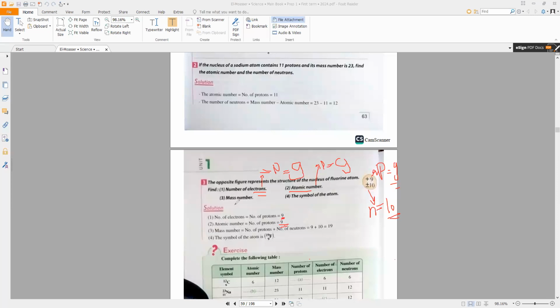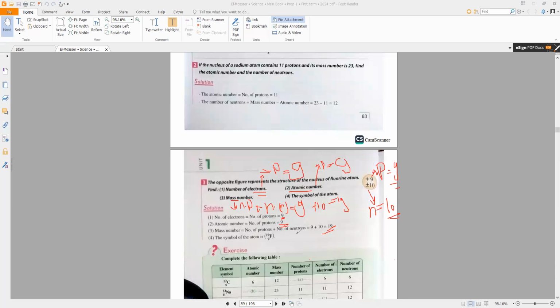The mass number, as we know, is the number of protons plus the number of neutrons. The number of protons is 9 and the number of neutrons is 10, so it equals 19. So the mass number is 19.